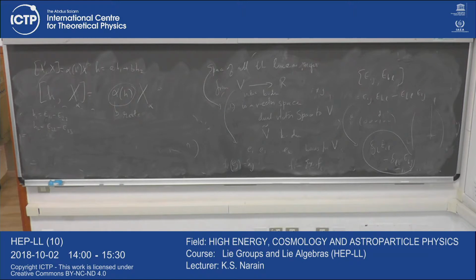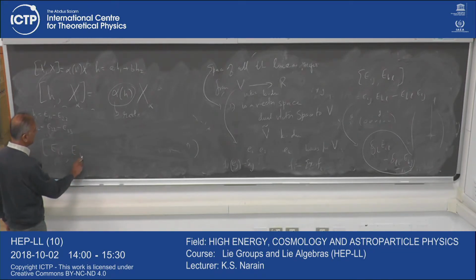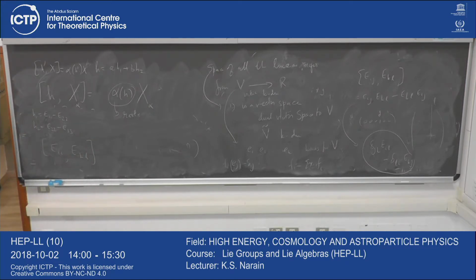So let us just look at one of them. Take any one of them, say E_ii. No summation here. So for each i, I just look at that particular element. Okay. And I look at the commutator of this with E_kl. So this is the same i. No sum over i.